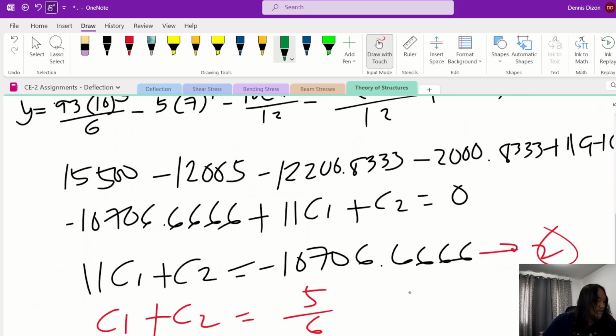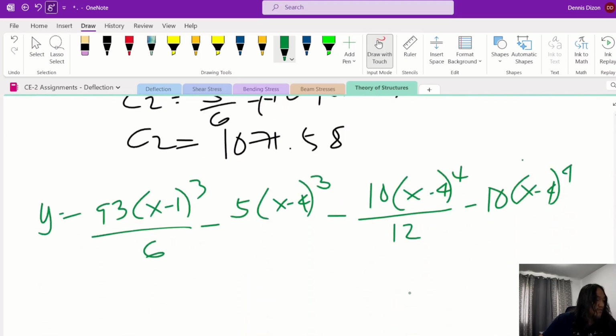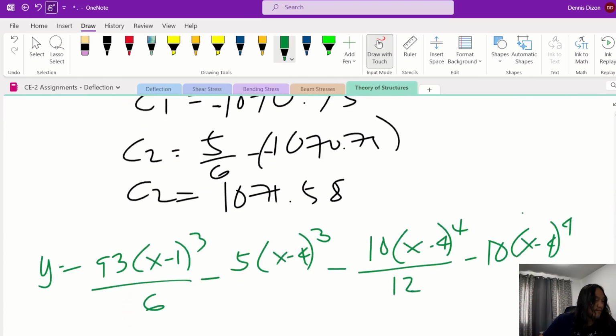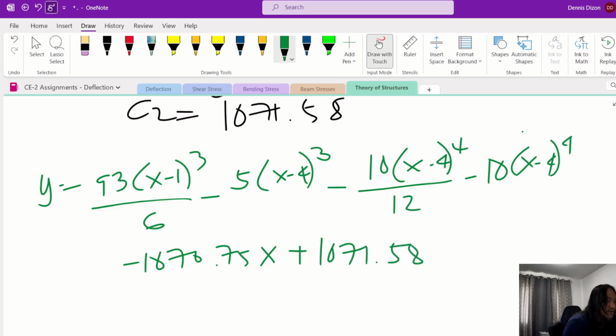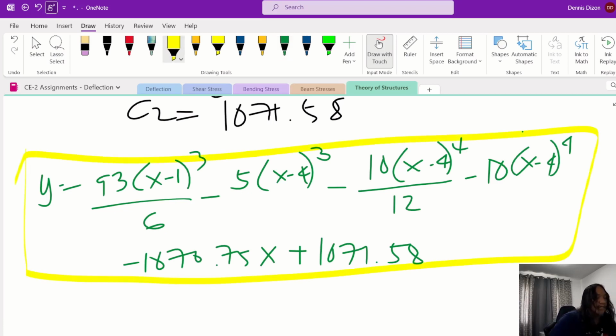C1 is minus 1,070.75, so this is minus 1,070.75 x, and then plus the C2, which is 1,071.58. So this is now our final equation for the deflection, right?